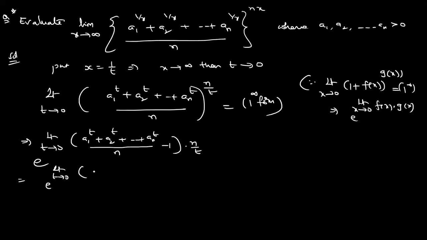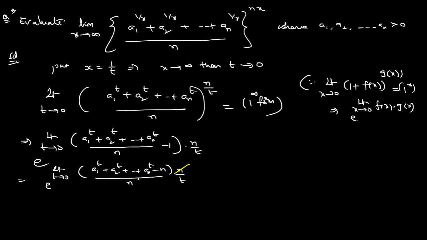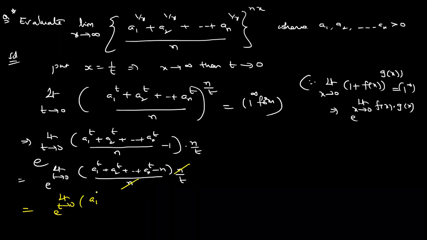The n cancels. For the remaining, e power limit t tends to 0, minus n. N means 1 plus 1 plus, how many times? N times. So (a1^t minus 1)/t, see carefully, (a2^t minus 1)/t.